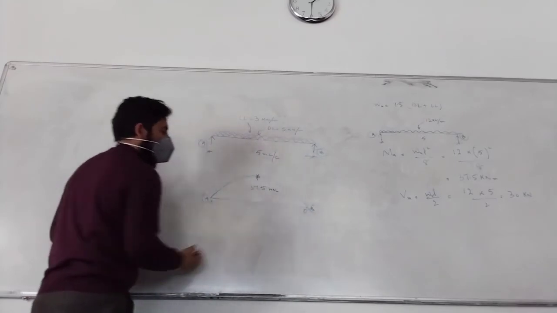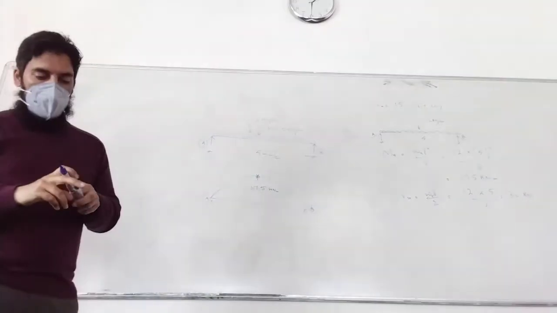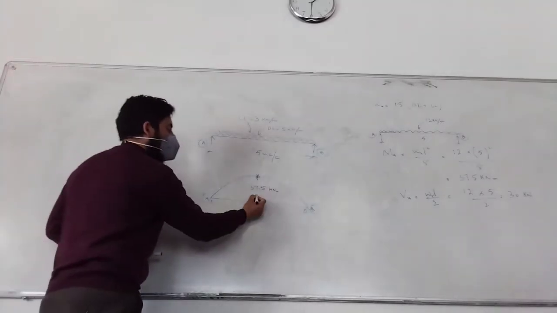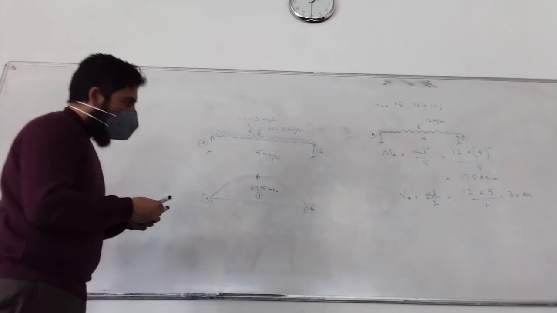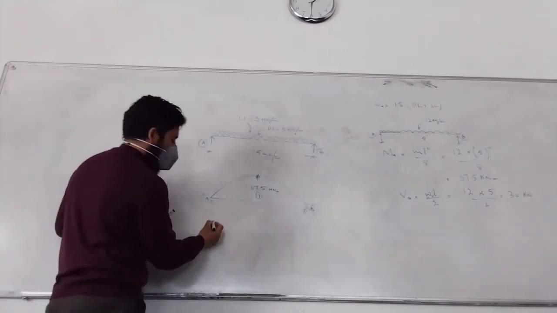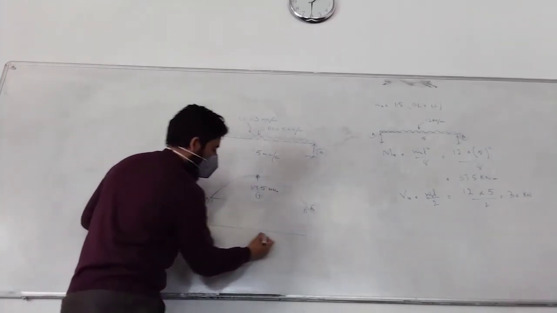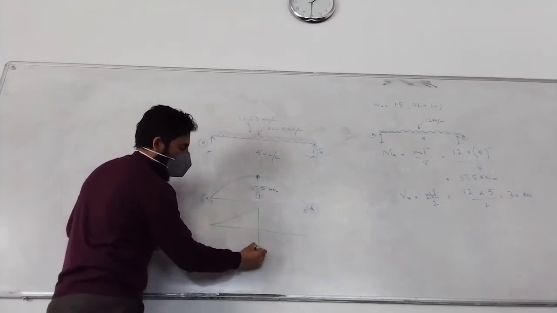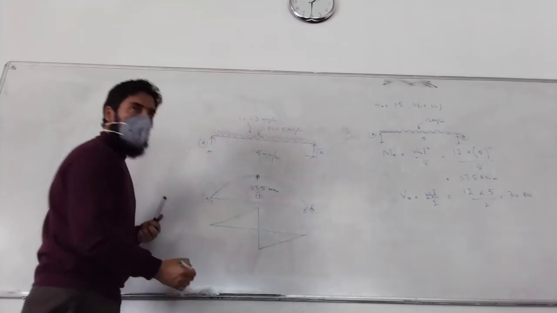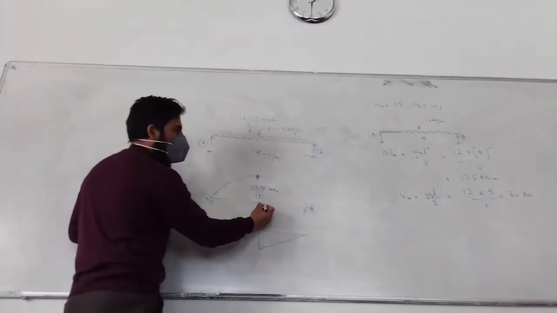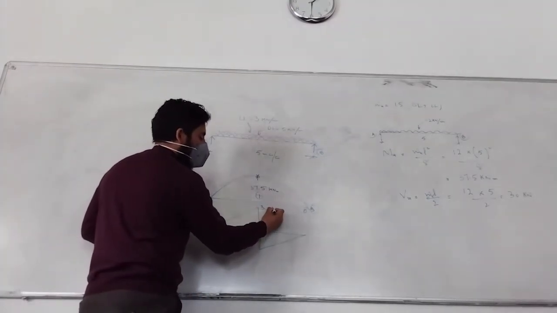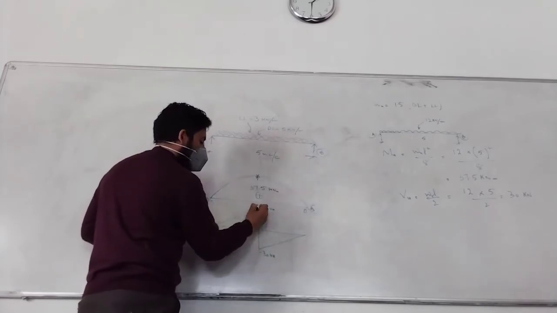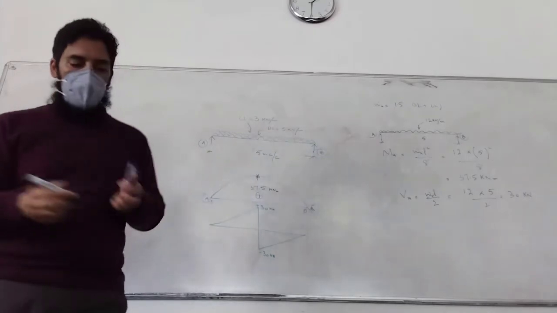So is it hogging or sagging? Sagging. This is in sagging. Let's take sagging as positive. Then the shear force diagram, how will that be? Like this. So how much is that maximum? 30 and minus 30. Whatever the convention you take, plus or minus this side or that side, that does not matter.